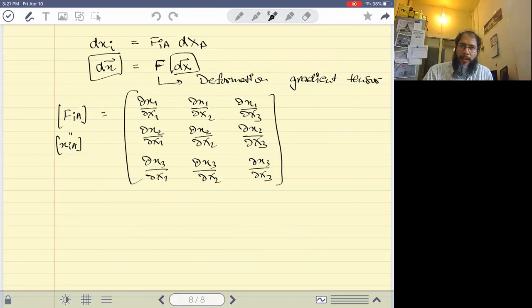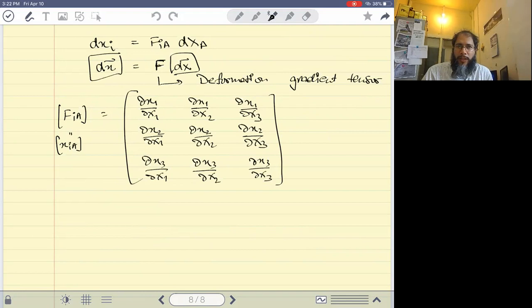It tells us what's happening to the points around capital P, because you can understand what's happening around a point by drawing different vectors around capital P and seeing how those vectors change. If the vectors do not change at all, then the body has not deformed at all.